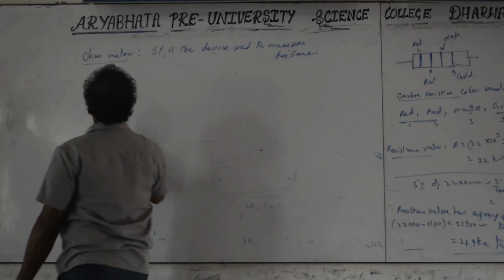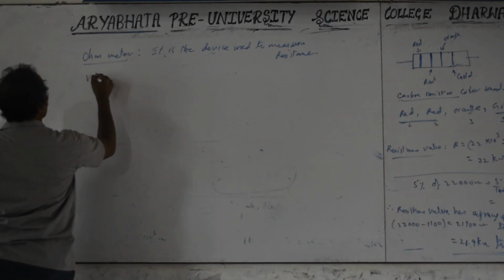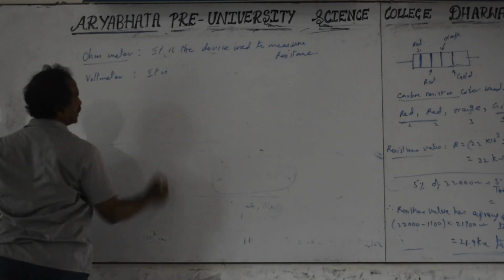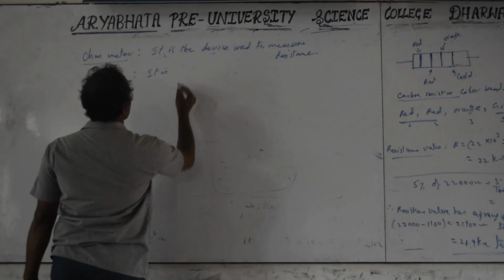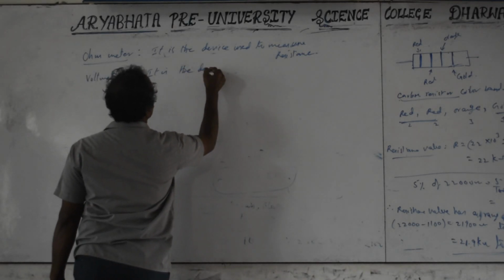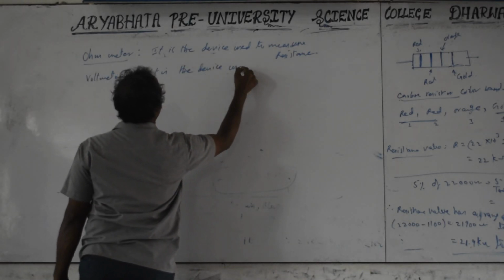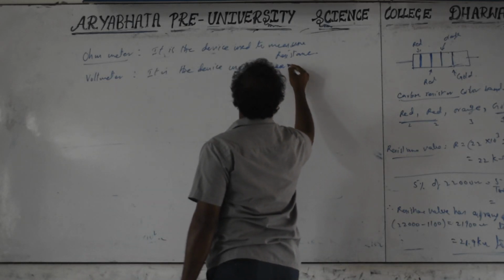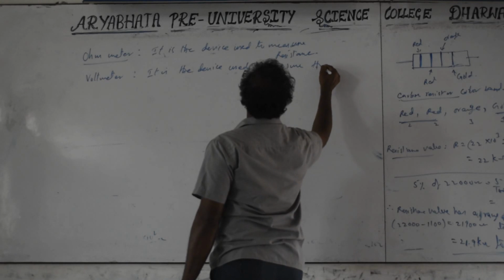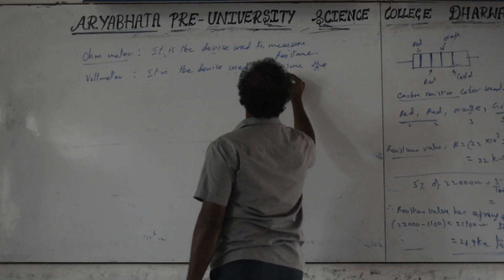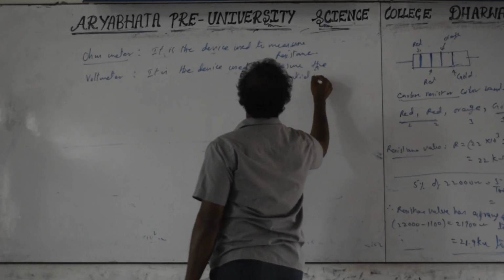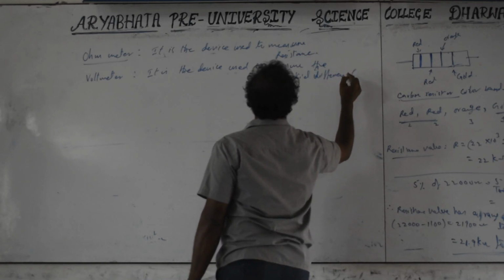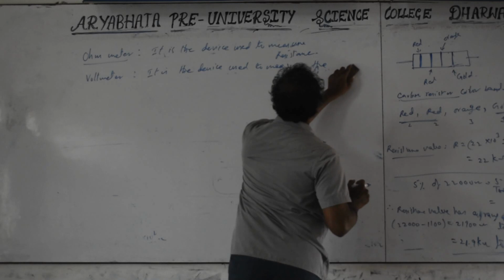Next is the voltmeter. It is the device used to measure the potential difference. Details of this voltmeter we will get to later.